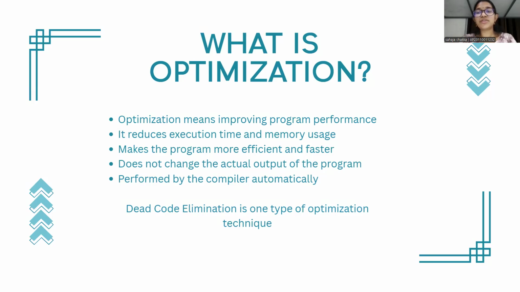Code optimization is usually done by the compiler automatically. There are many types of optimization, and one of them is dead code elimination. This technique removes unnecessary parts of the code and makes the program better.